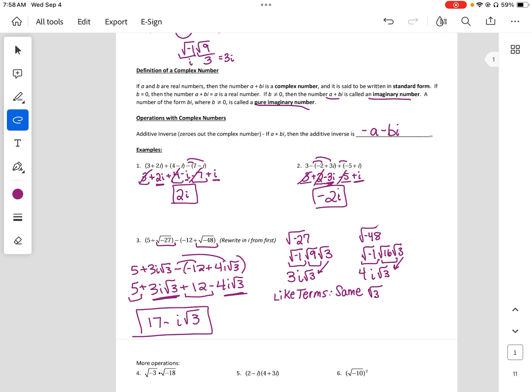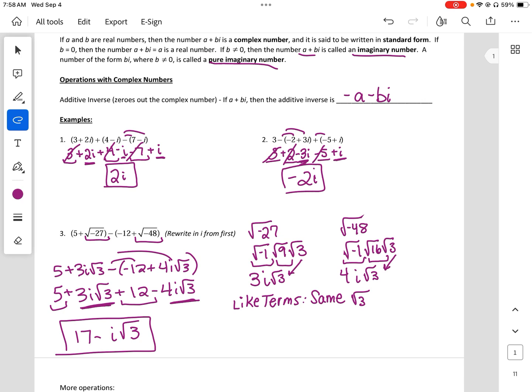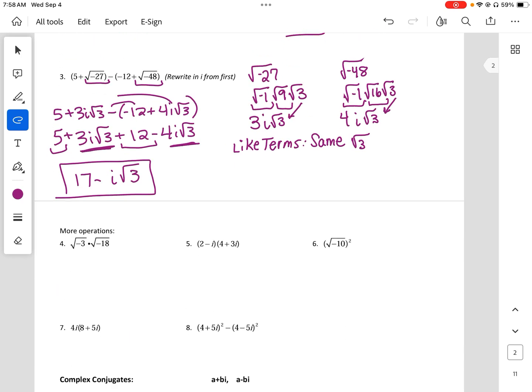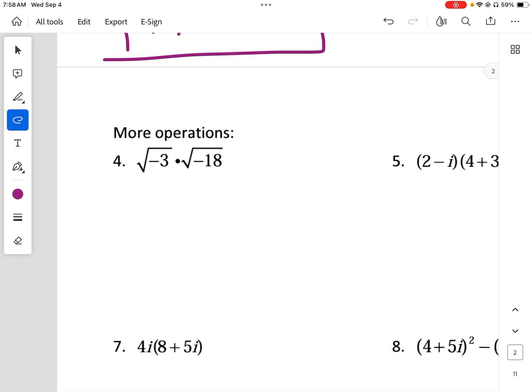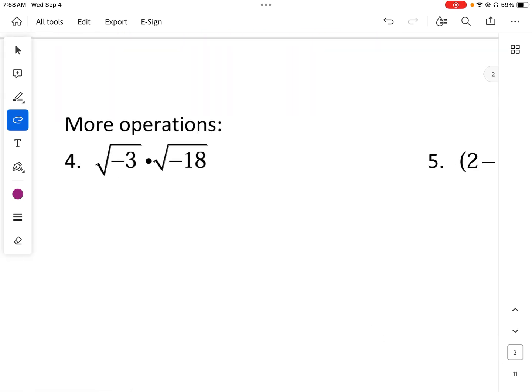All right, let's do some more. Let's go to the next page. So more operations. All right, we need to see if we can break these down. So I'm going to break this down. I could take out the negative 1, which is i, and square root of 3 can't be reduced. i square root of 3.